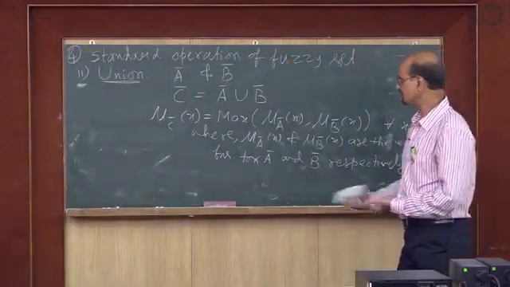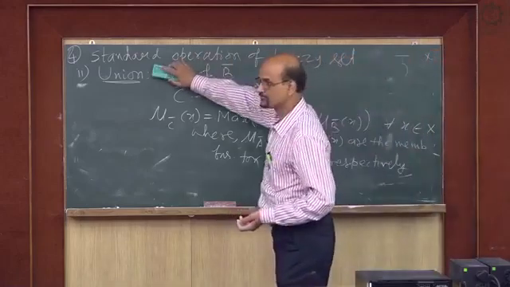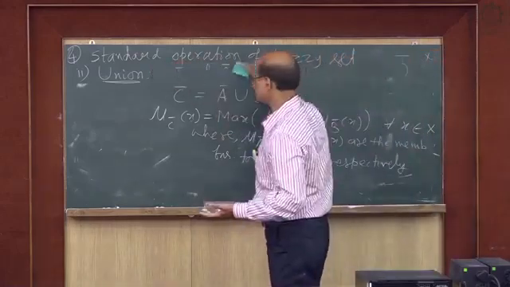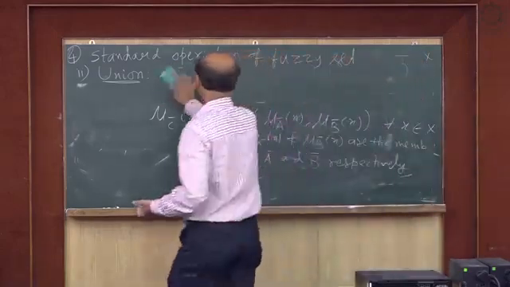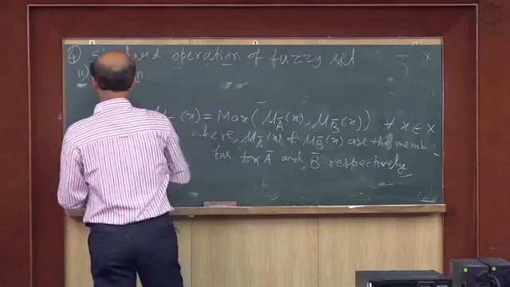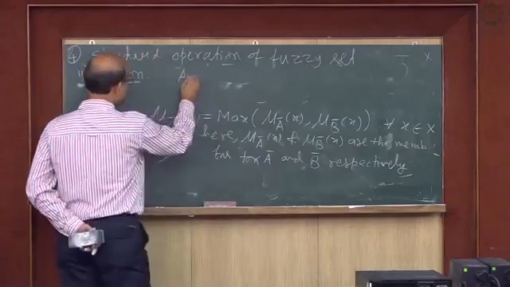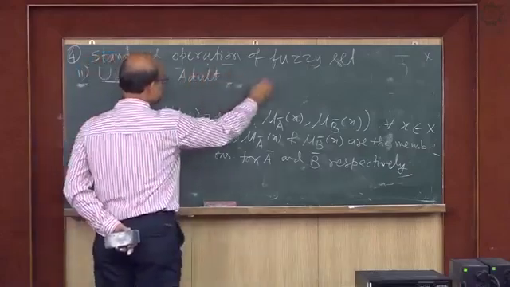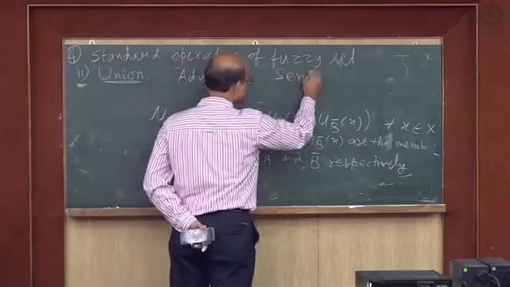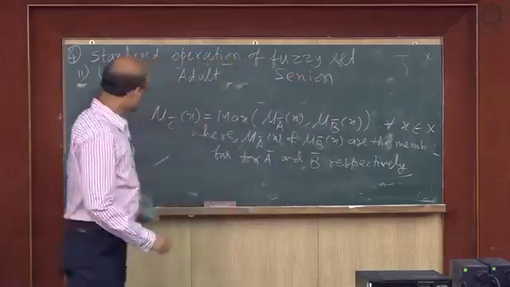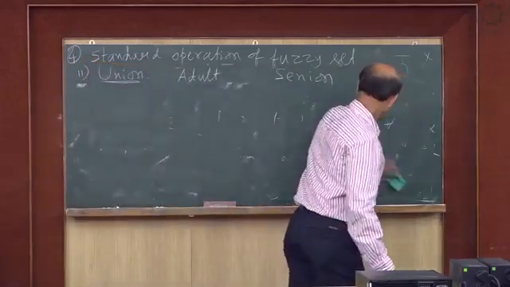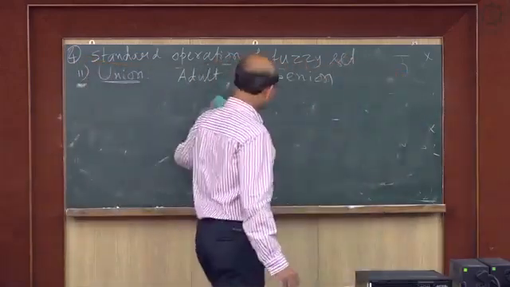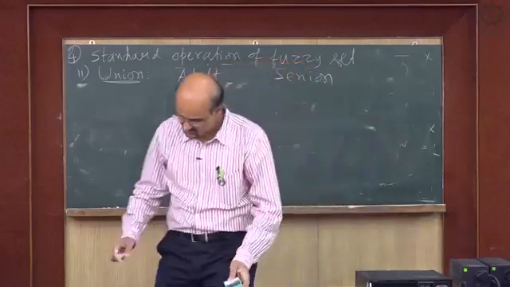Let us take an example from the same example. If I want to find the union of adult and senior, I had adult as one fuzzy set and senior as another fuzzy set. So whatever was there, I do not remember exactly, but what I have, I am writing.